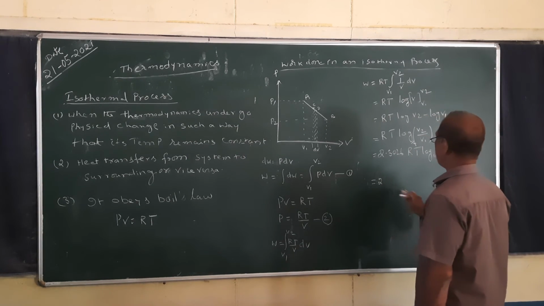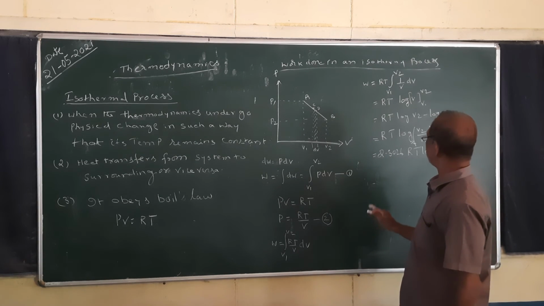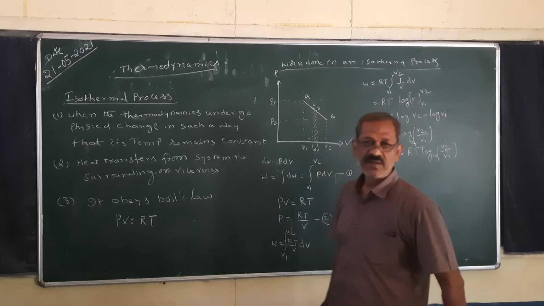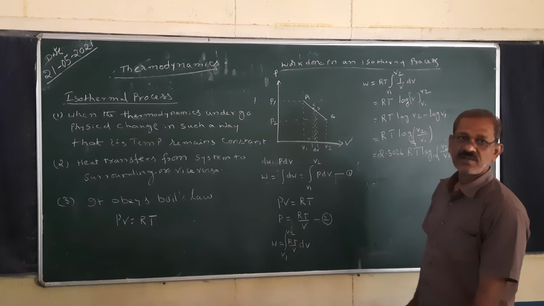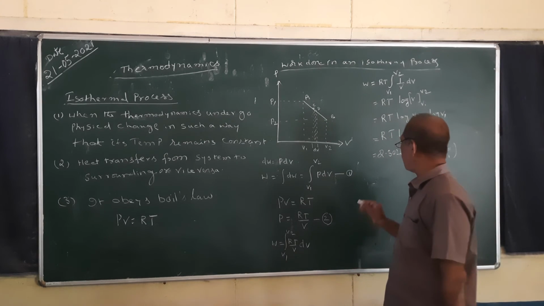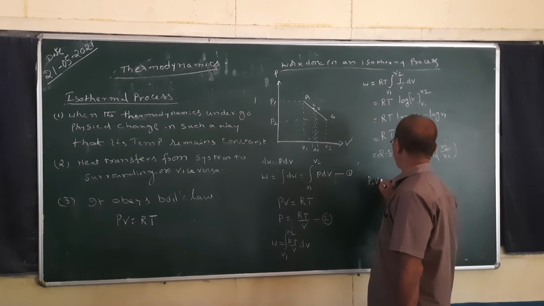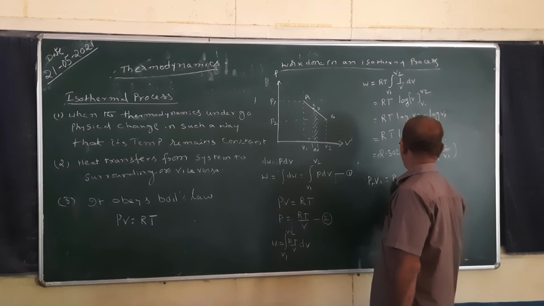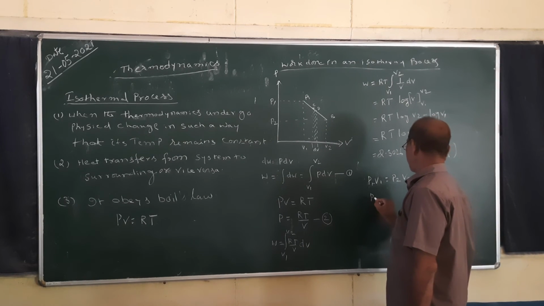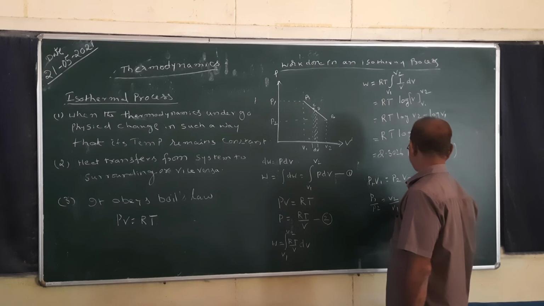We can also write this another way. In an isothermal process, P1 V1 is equal to P2 V2. Then P1 by P2 is equal to V2 by V1.